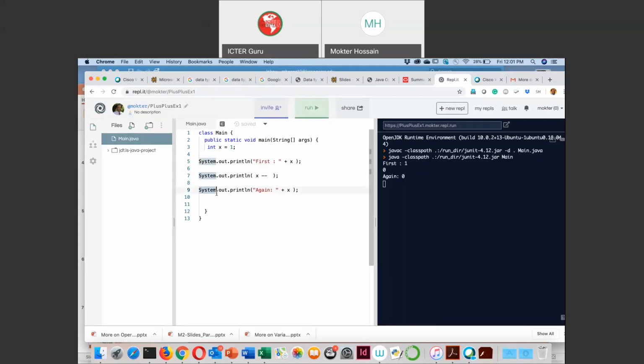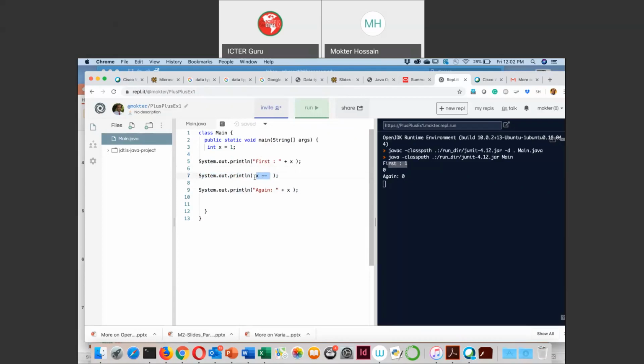Let us try to understand before I execute my code. There is no doubt that on this line it will print 1 first, right? So on this line, what will be printed? This is a $1 question, not a $1 million one. This is the postfix notation. The postfix notation works in a way that it uses its old value. At this moment, it will be printing its old value.